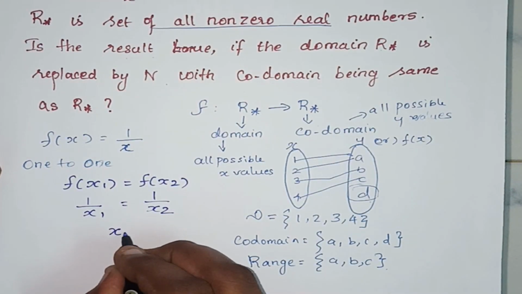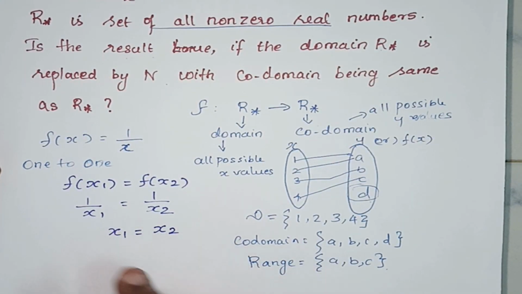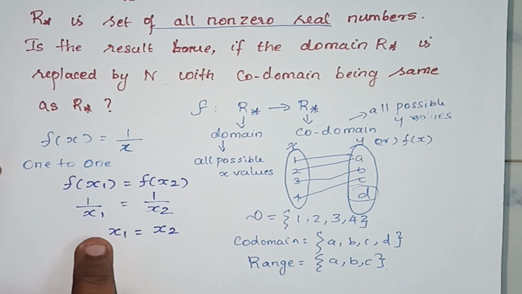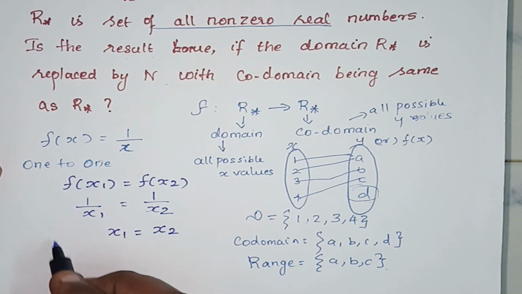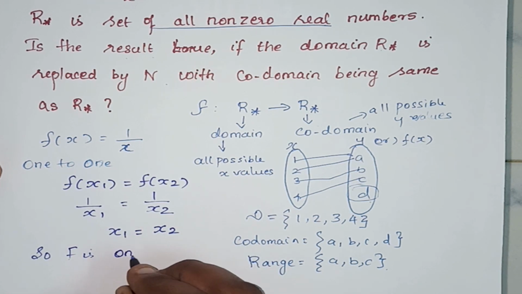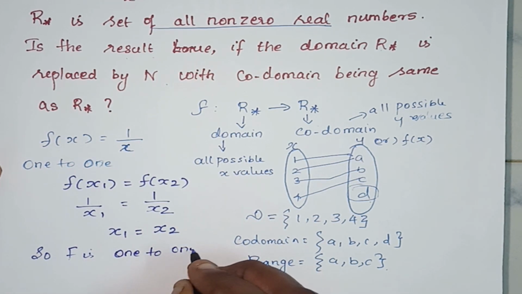So x1 is equal to x2. This means for every single input x1 there is a unique output x2. If x1 is 1, then x2 is 1. So for one input there is a unique output. So this function is a one-to-one function.